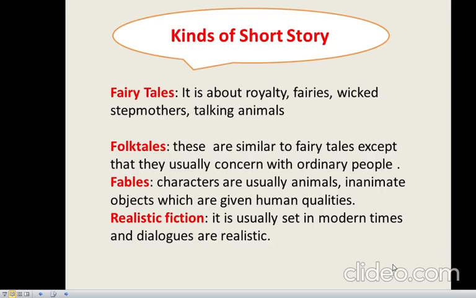And the last kind we have is realistic fiction. It is usually set in modern time and the dialogues are very realistic. These are the four kinds of short stories that we can find.